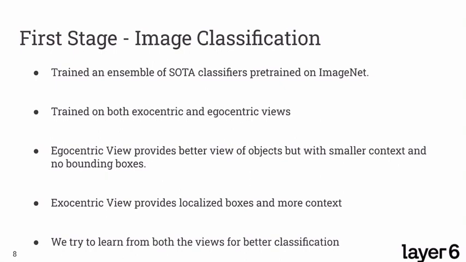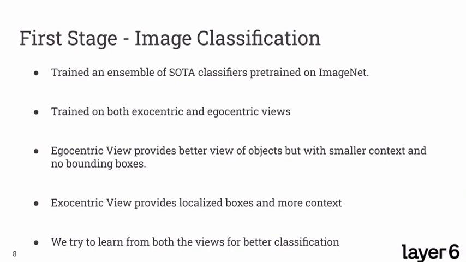The egocentric view provides better views of objects, but it has much smaller context and no bounding box labels. On the other hand, the exocentric view provides localized boxes and more video context. However, in many cases, the objects in the exocentric view are small and obfuscated.